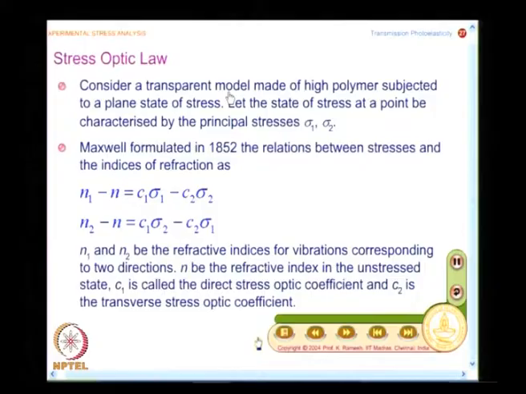So, there is a material parameter that comes into the formulation. Whatever I see is also a function of the material that I use. The arithmetic is very simple. If I want to relate it to sigma 1 minus sigma 2, there is no great deal about it.